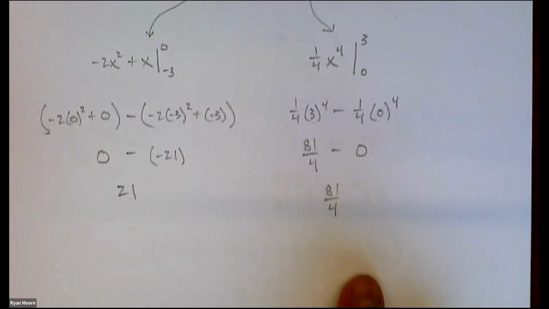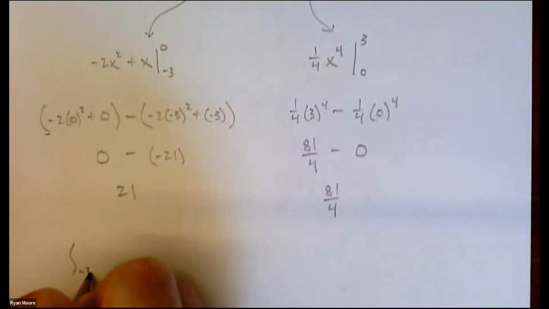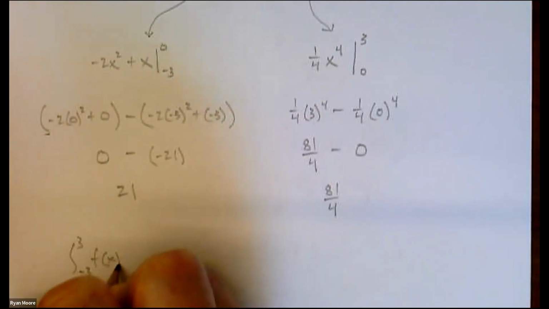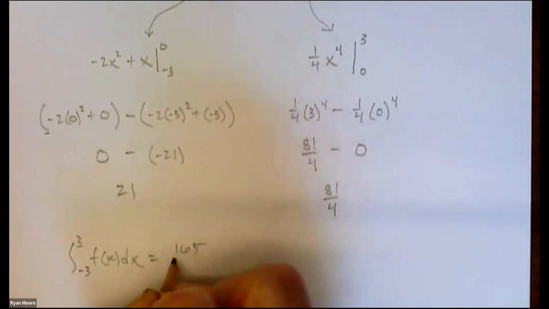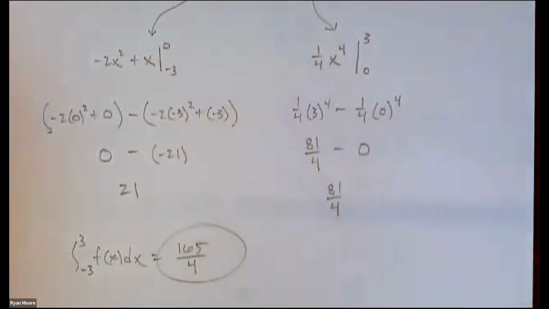Okay, and then we're going to add those two. So the whole thing together, 21 plus 81 over 4, 165 over 4. We got it.